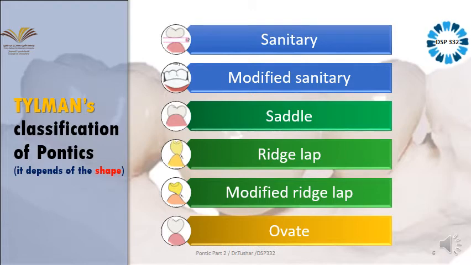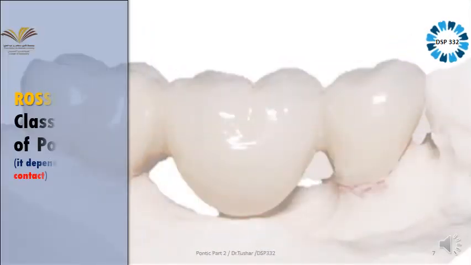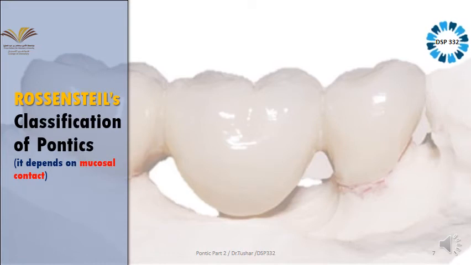Basically, Tillman classified these pontics depending upon the design of the pontic, as sanitary pontic, modified sanitary pontic, saddle, ridge lap, modified ridge lap, and ovate pontic. When you study this for the first time it is a little confusing, but when you revise two or three times it becomes clear.